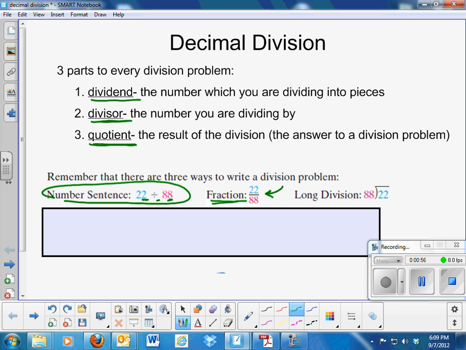It also means 22/88. Every fraction is a division problem. And then we have the last method, the long division method, where we write our division algorithm and put our dividend inside what I will call the house, and our divisor on the outside. So we have 22 divided by 88 for that one.